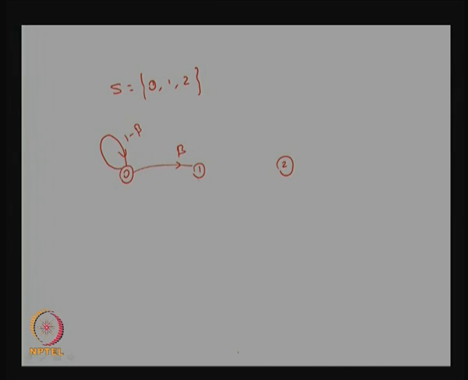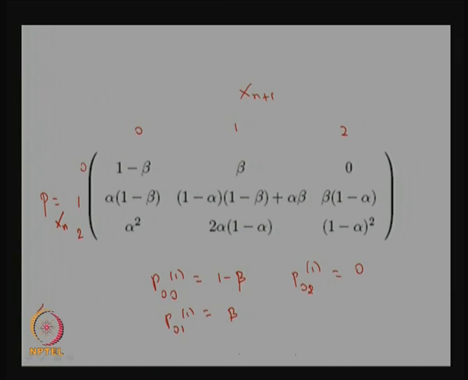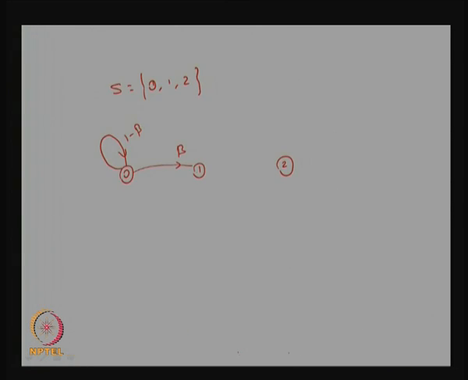And similarly, now we can go for filling the second row. So, 1 to 0 is alpha times 1 minus beta, 1 to 1 is 1 minus alpha times 1 minus beta plus alpha beta, and 1 to 2. So, all three probabilities are greater than 0. Therefore, the arc 1 to 0 is alpha times 1 minus beta, 1 to 1 is 1 minus alpha times 1 minus beta plus alpha beta, and 1 to 2 is beta times 1 minus alpha.